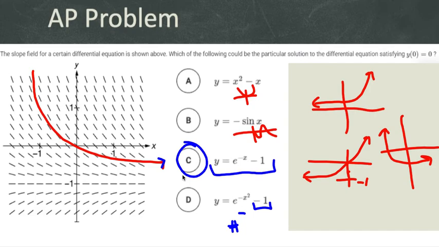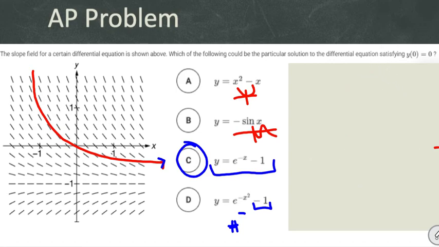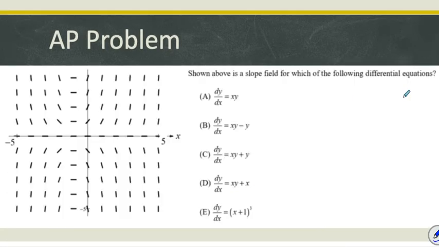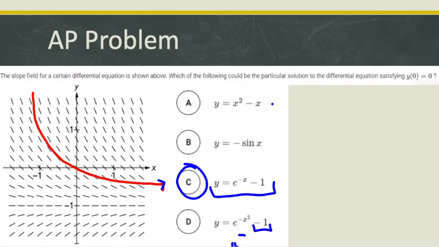Your other option for solving this type of problem, I'm not going to go through it, is you could take all of these functions and take their derivatives and then plug in the numbers like we did in this problem right here. So dy dx, like this one, you could say is 2x minus 1, which when you plug some numbers in here, like negative 1 for example, if I plug negative 1 in for x, I get negative 2 minus 1, which is negative 3.